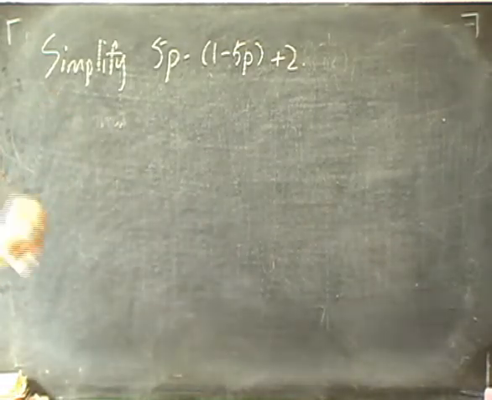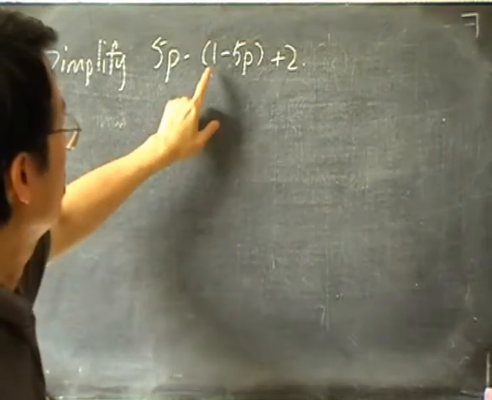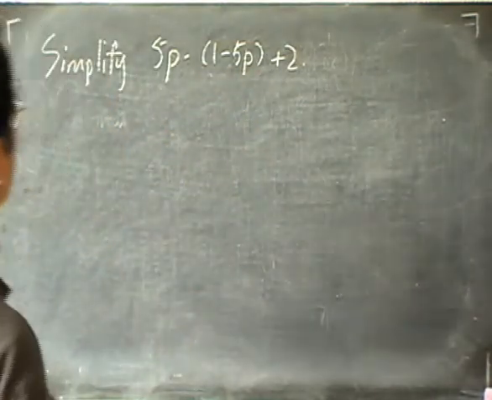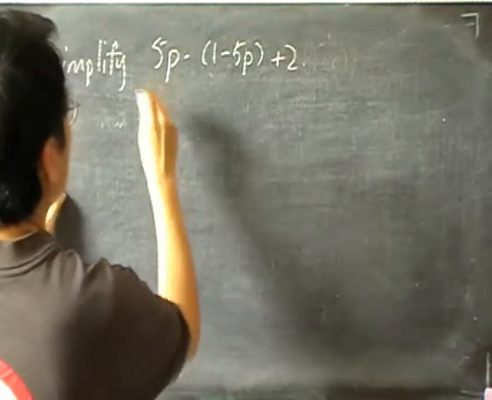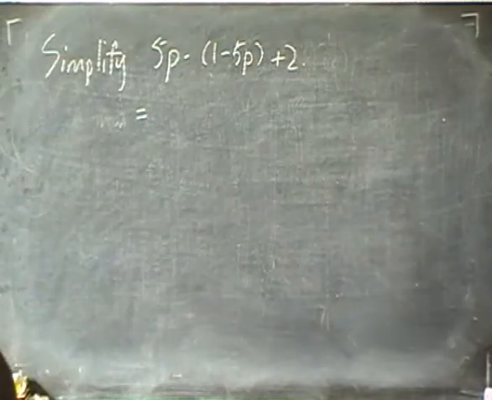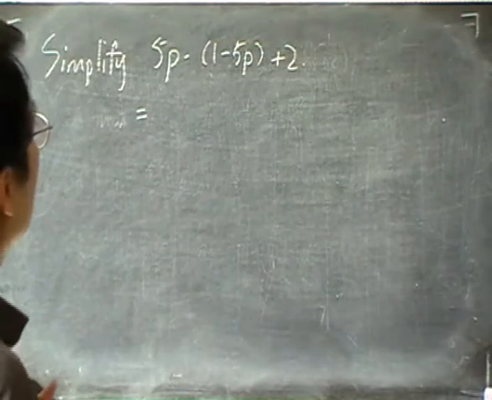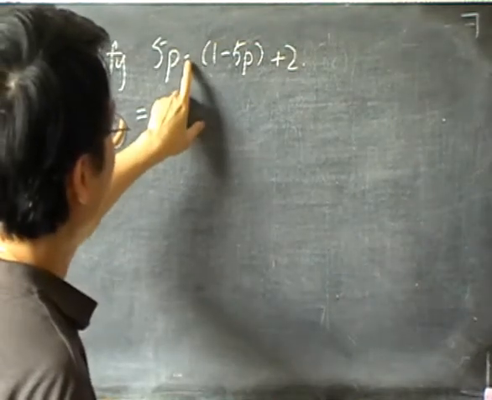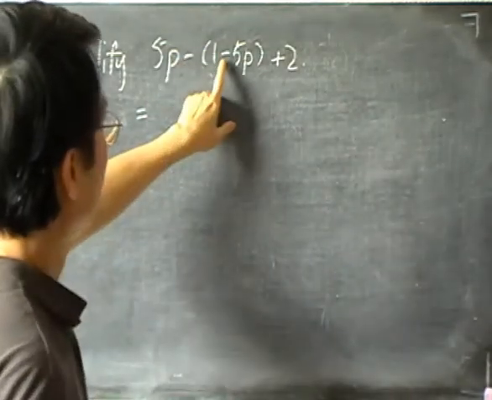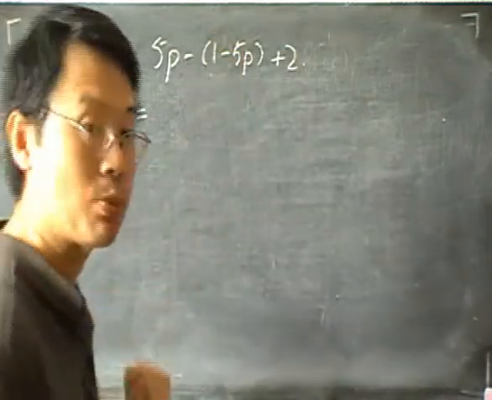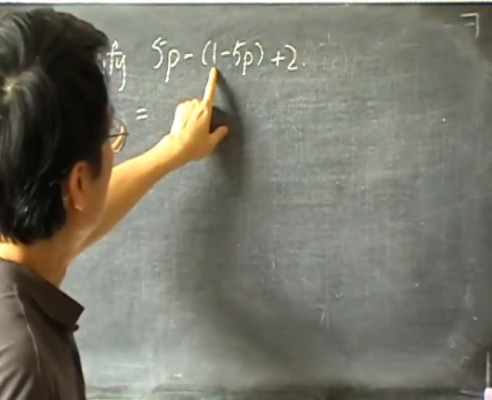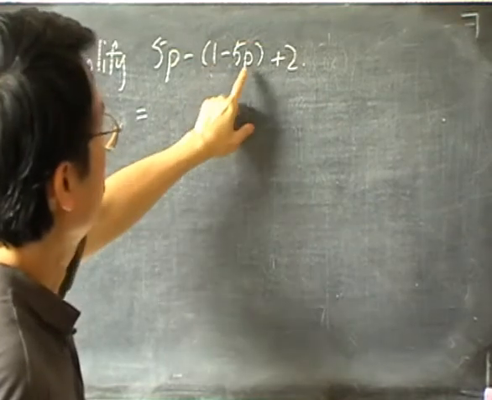Right, the first step is to remove the brackets. If I have a minus sign outside of the brackets, when I remove the bracket, I must change the sign of each term in the bracket.